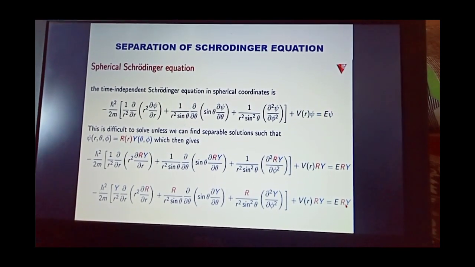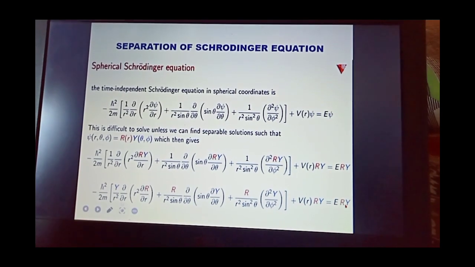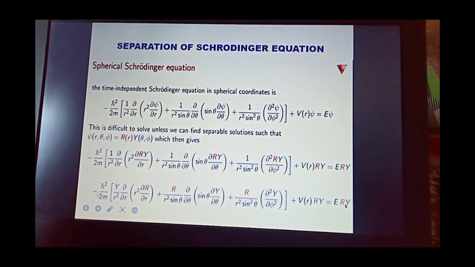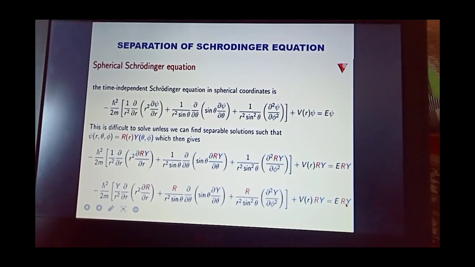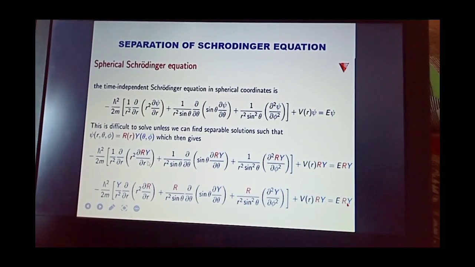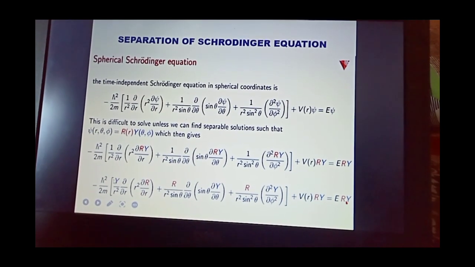Another representation of the equation, rearranged: minus ħ² by 2m into... here we take Y outside the bracket.